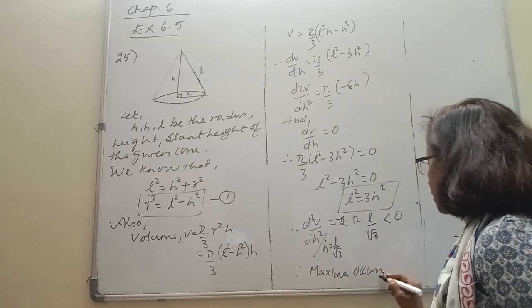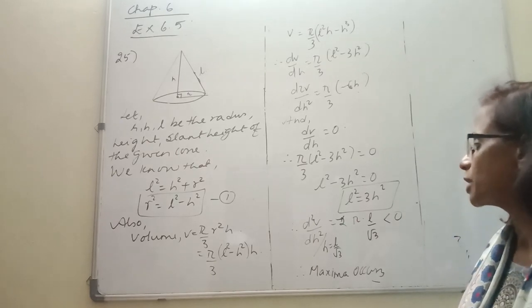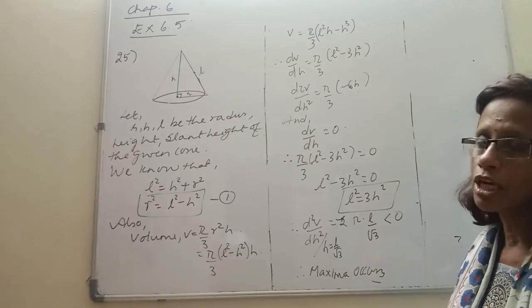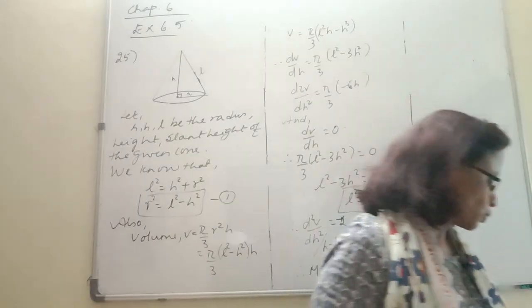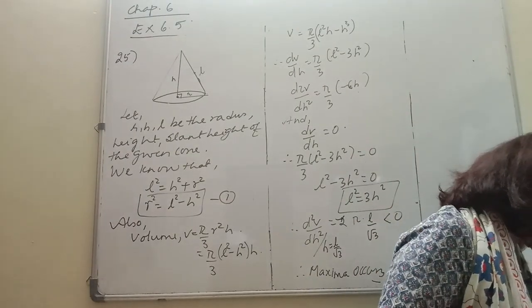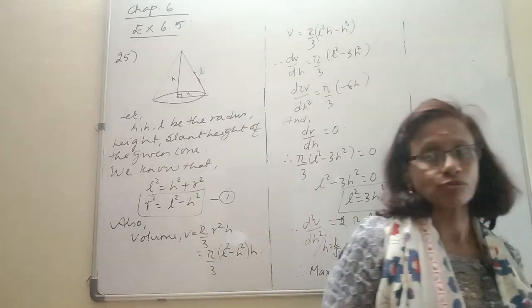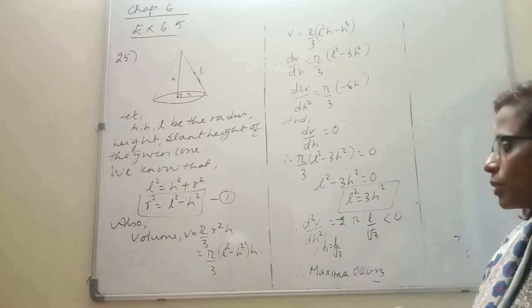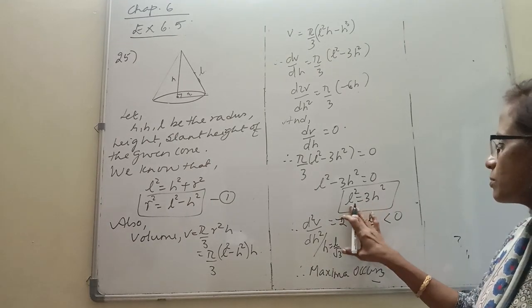Once we are done with that, we can move to our next step, which is to show a certain thing. They have asked us to show that the semi-vertical angle is tan inverse root 2. That means we require h over r, where h you have in terms of l.